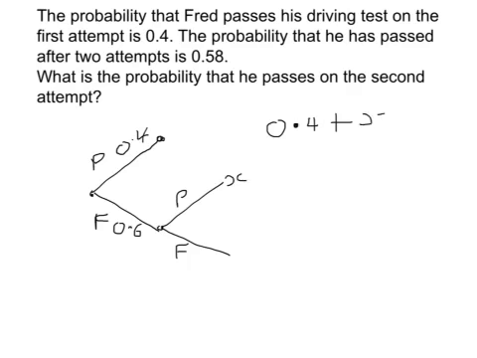Plus x has to equal 0.58. Sorry, just running out of space there. So therefore we can fairly easily say that x must be equal to 0.18. The probability of arriving at this point here is 0.18.